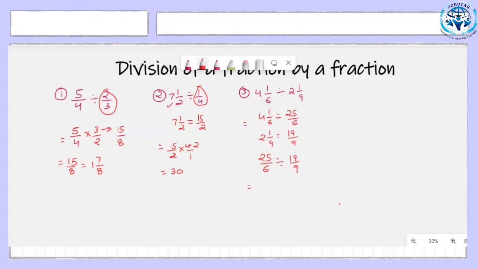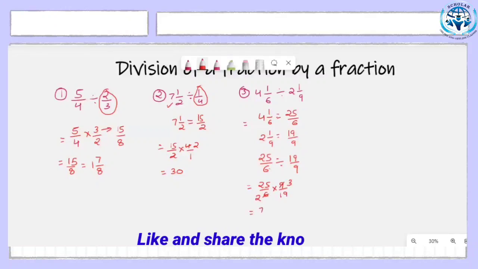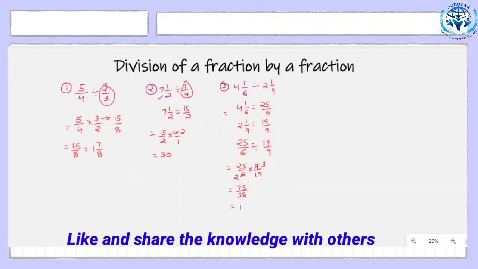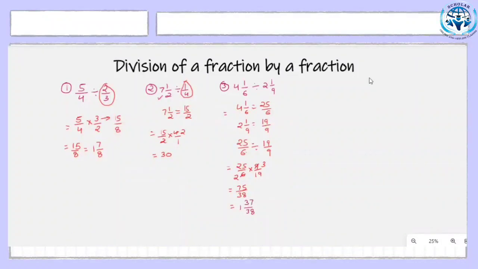Now we will interchange the position of numerator and denominator in 19 by 9, giving 9 upon 19. 3 twos are 6, 3 threes are 9. 25 threes are 75 and 19 twos are 38. We will convert this into a mixed fraction and we will get 137 by 38.